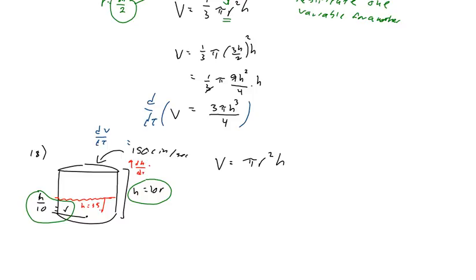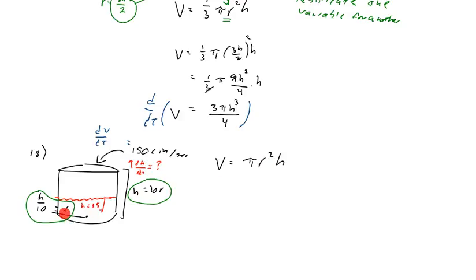Yeah, it's wanting to know dH/dt. It says, at what rate is the height of the oil changing when the oil is 35 inches high? So we want to know dH/dt. So the only variable we want to have in this situation is h. That's the one we want to keep. And we want to get rid of the r.